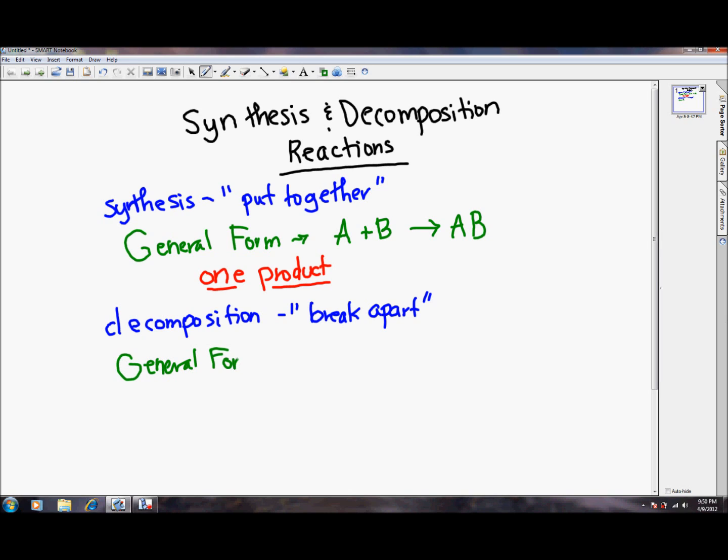So the general form of a decomposition reaction would be the compound AB breaks down into the products A and B. So you can recognize decomposition reactions because they have one reactant.